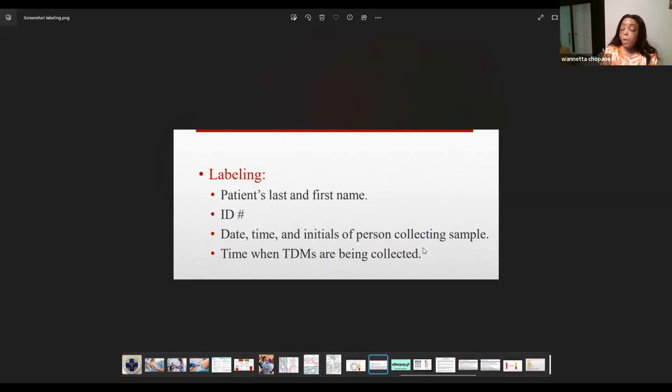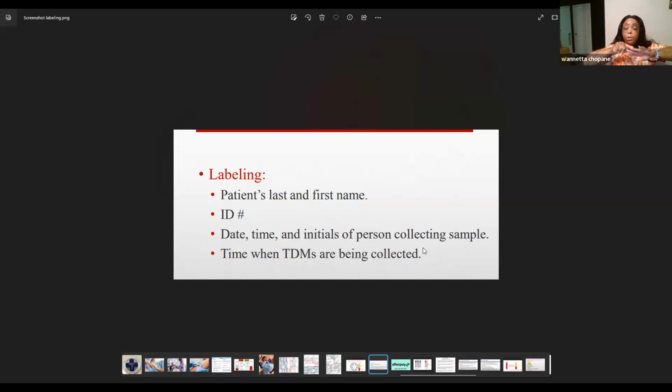So be mindful of what's on your label. You have about 4 pages in your folder. I think one talks about safety, one talks about the actual venipuncture and the supplies you need, one talks about labeling, and one talks about the requisition.